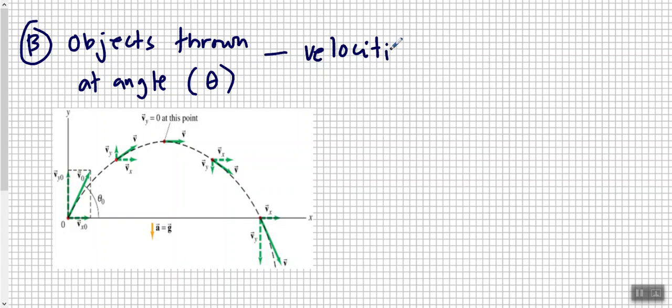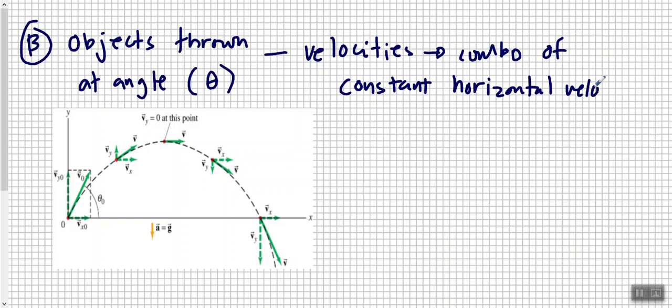So the velocities are a combination of constant horizontal velocity, and if we look at the y, we'll see that the vector is getting shorter. So what can we tell about that? That as it goes up, the velocity changes. So you have an initial velocity in here.